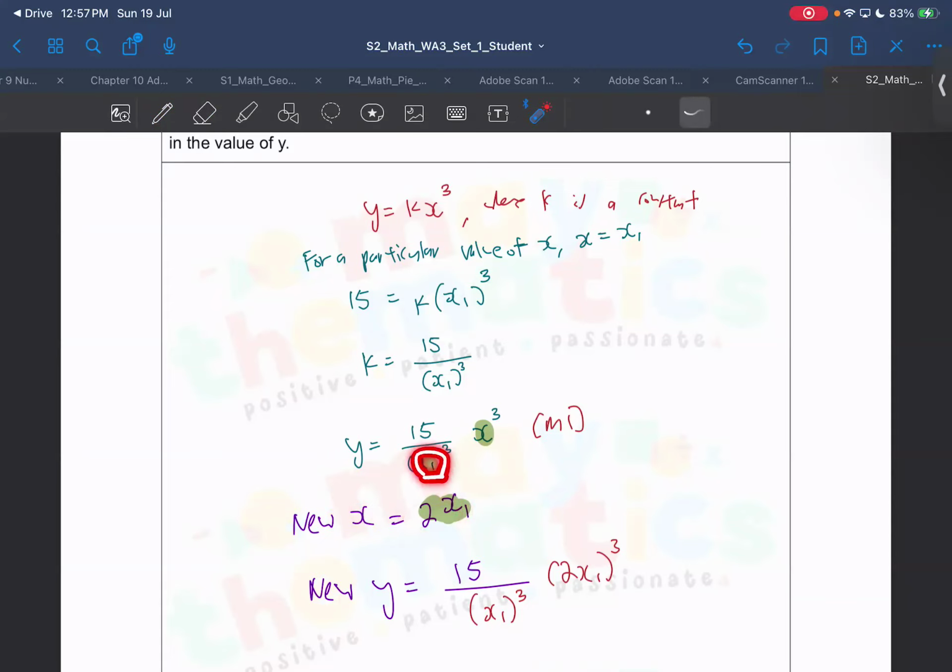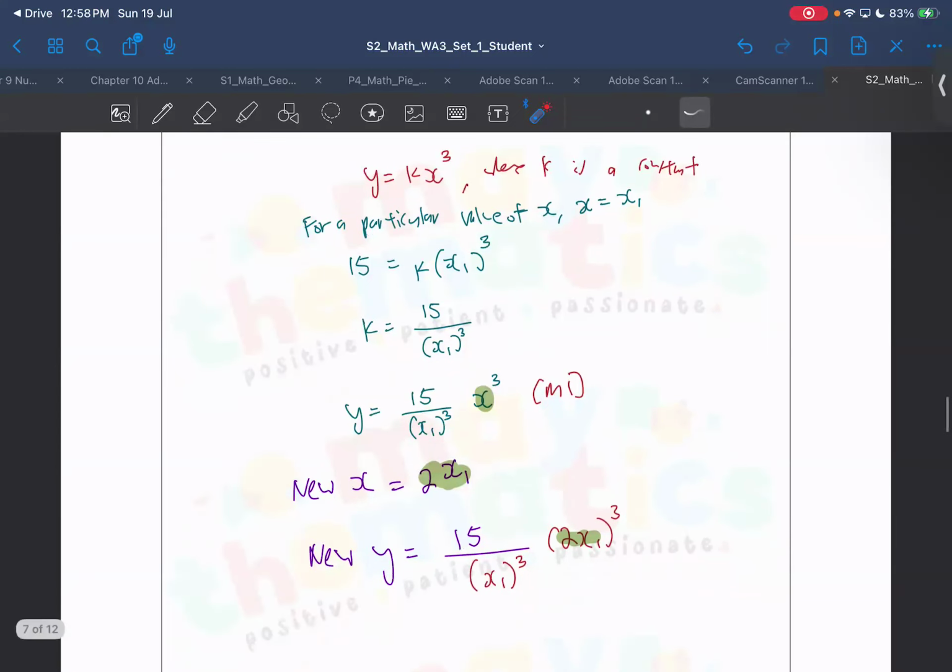This is already x1, treat this as a number. So you only need to change this part, because only this is your x. Remember, this one is a value, and a value doesn't need to be changed anymore. I'm changing all my unknown x to a new value. So this is what you will get after you substitute in.